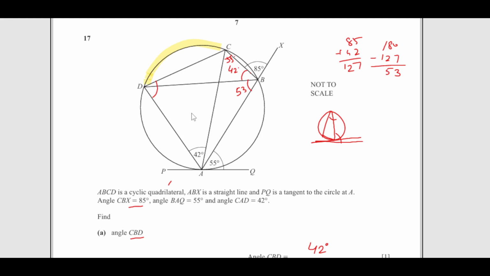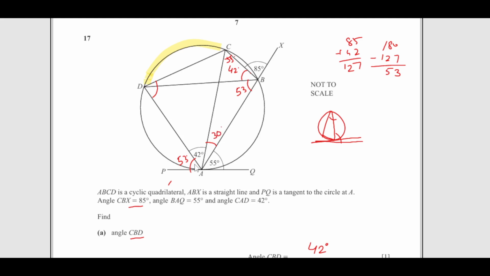So as this is 55 and this is 53, by the alternate segment theorem this is also going to be 53. Okay. So once we got this angle 53 by the alternate segment theorem, we are able to find out this angle. All these angles sum to 180, and 180 minus this one, I'm getting this angle as 30 degrees now.